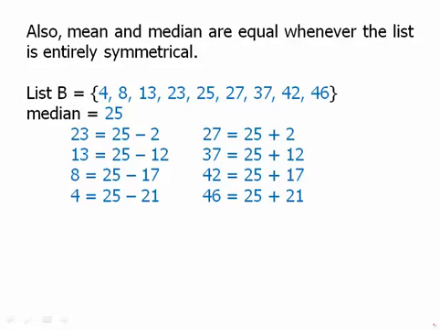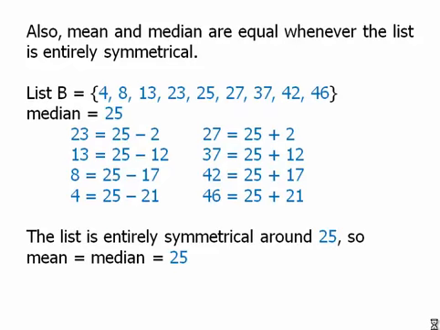So the point here, this would be a hard thing to see just on your own, but notice now that we've pointed out the complete symmetry of this list, we know without doing a single drop of calculation that the mean has to be entirely equal to the median because the list is symmetrical.